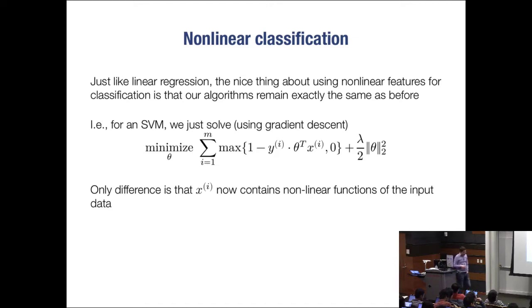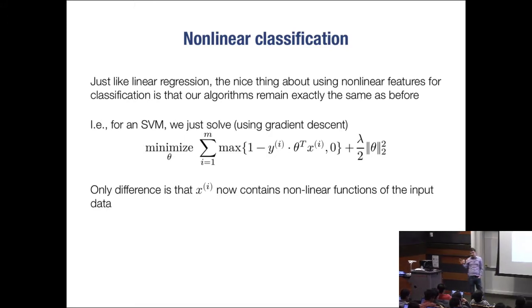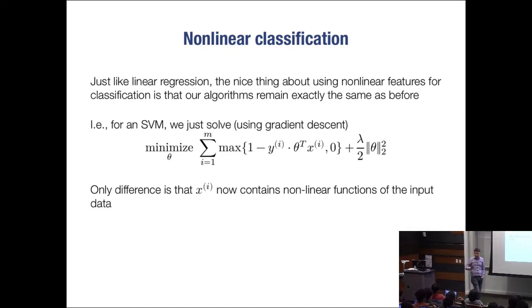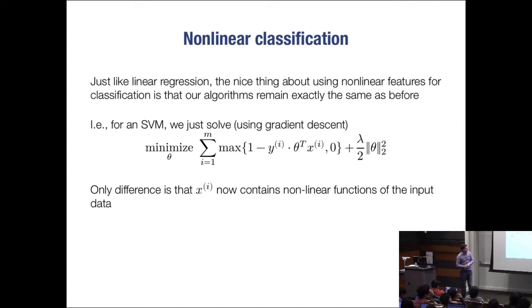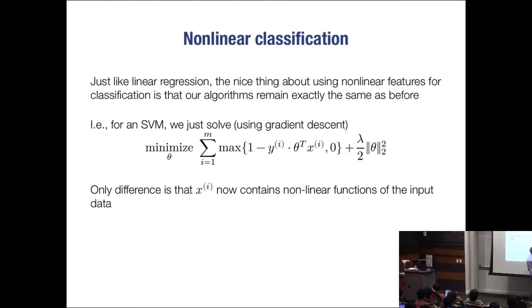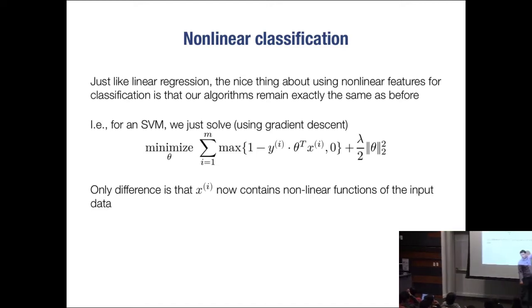Okay, so again, one of the nice things about our whole architecture, which I've emphasized many times now, is that because we're setting up classification and regression in the same way, we get nonlinear classification just as easily as we got nonlinear regression. In particular, if we have a classification problem like the SVM, remember the SVM is where we're minimizing a sum of hinge losses plus a regularization term on the parameters.